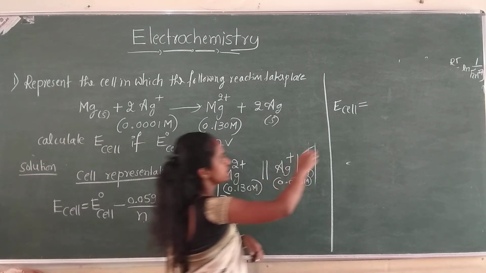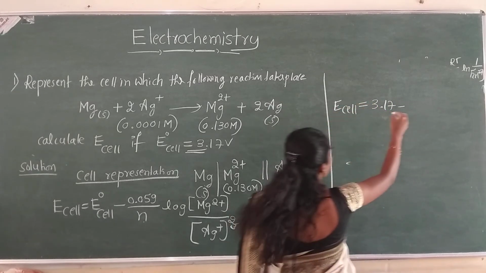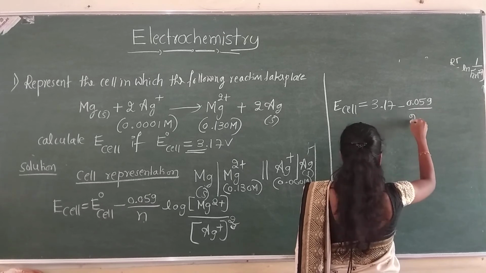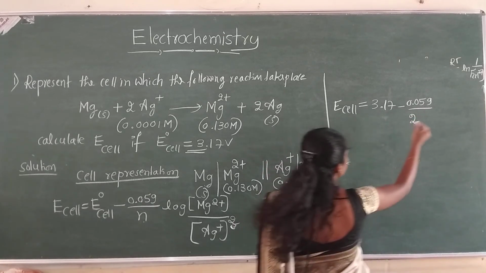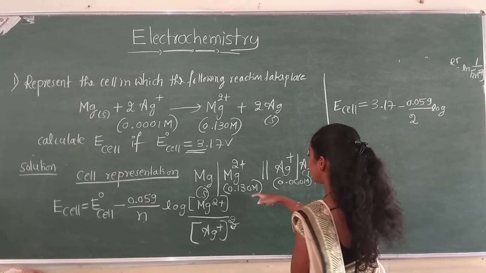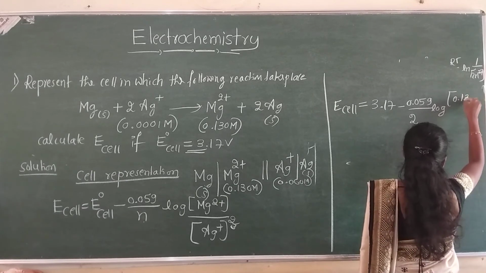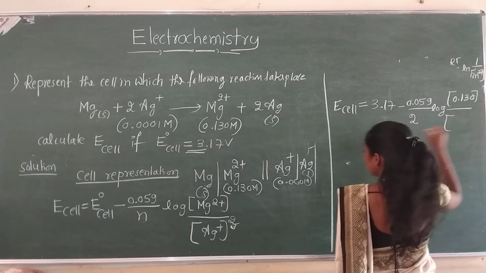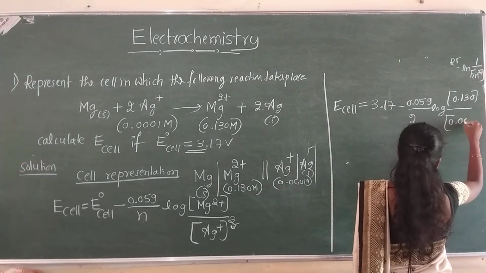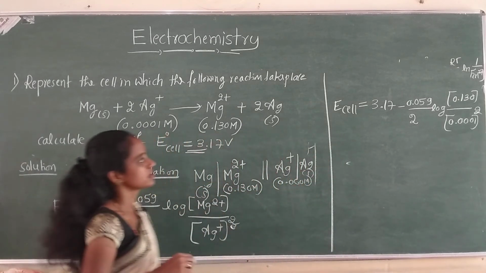It is 3.17, minus 0.059 divided by n, the number of electrons involved, which is 2, log. What is the concentration of Mg2+? It is 0.130, divided by, what is the concentration of Ag+? It is 0.0001, squared. Calculate the answer.